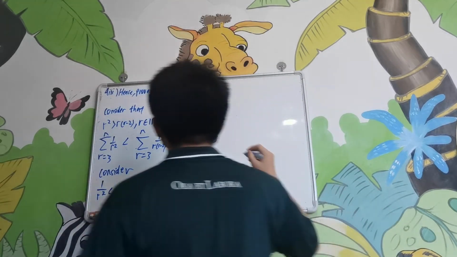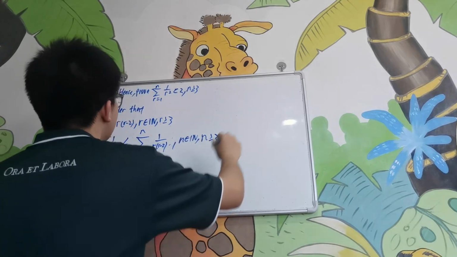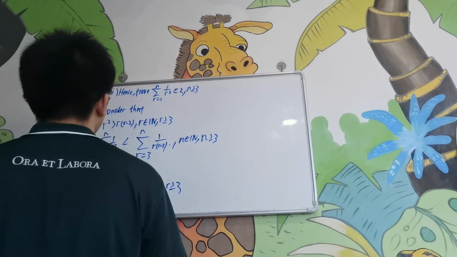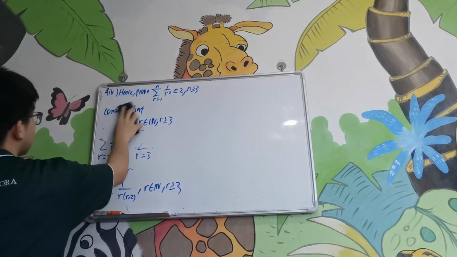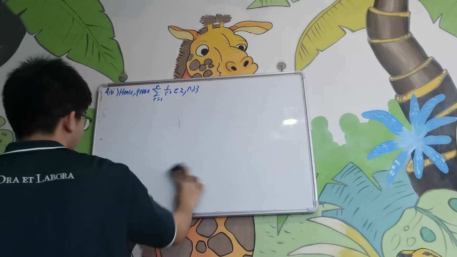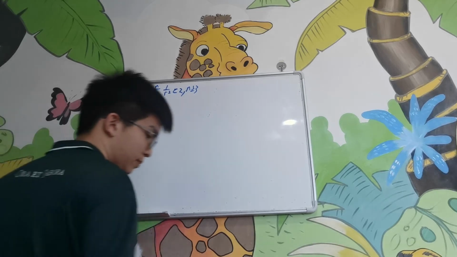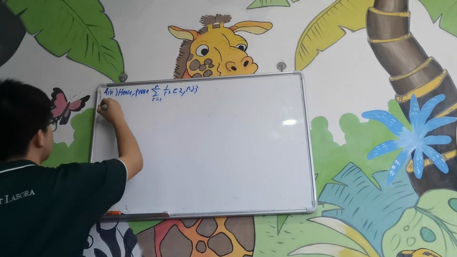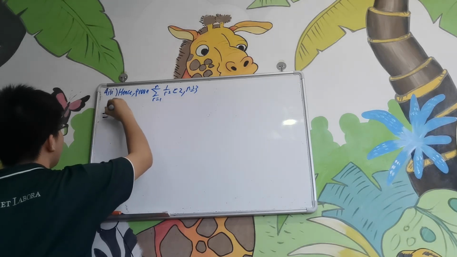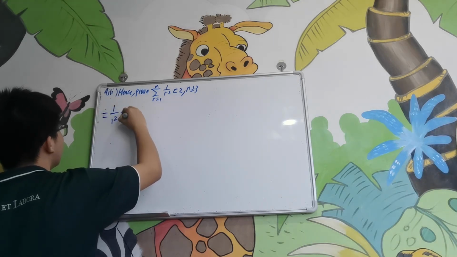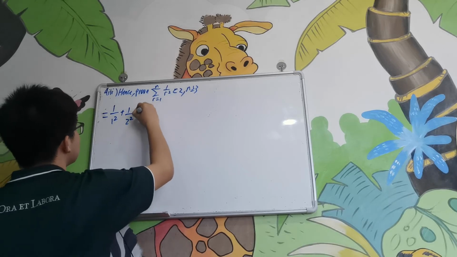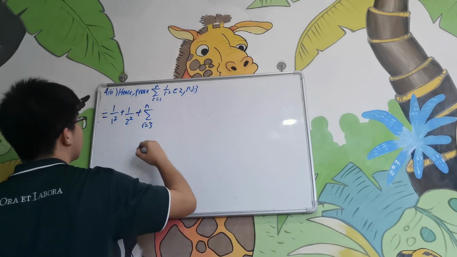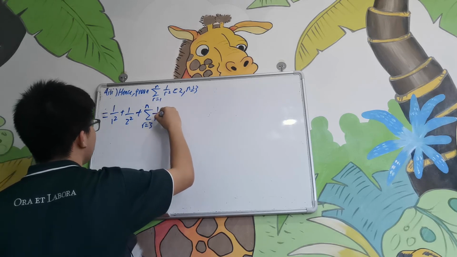So, the summation, hold on. The summation of this thing is equal to 1 over 1 squared plus 1 over 2 squared plus r equals 3 and 1 over r squared.